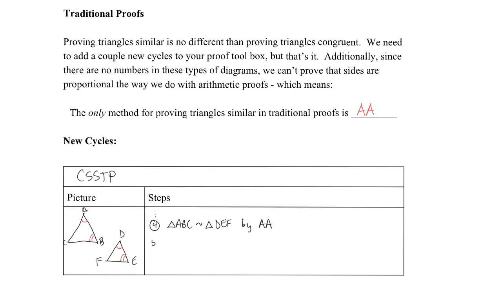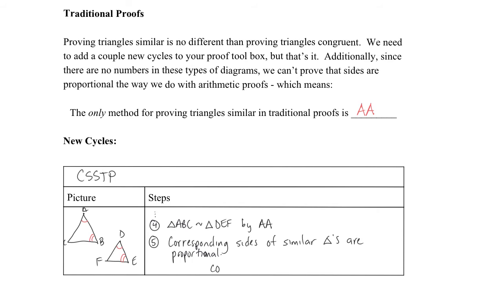Well, that's not the case here, but what you do have is corresponding sides of similar triangles are proportional. Okay? Because that's what we have when we have similarity. The corresponding sides are proportional.